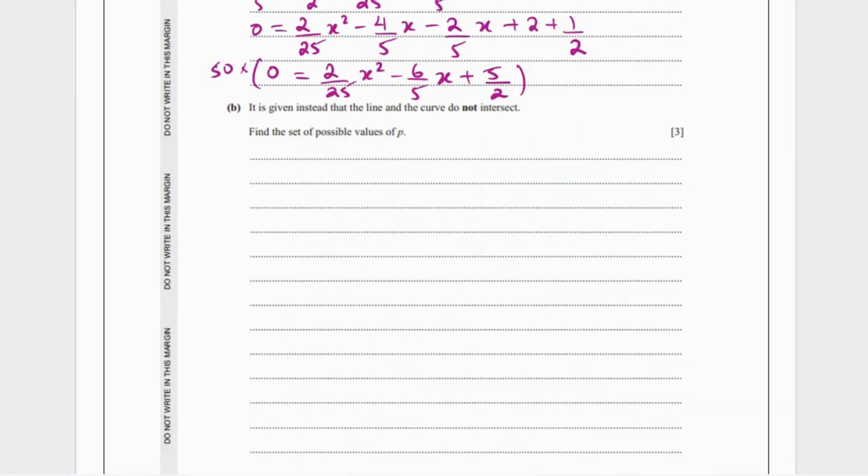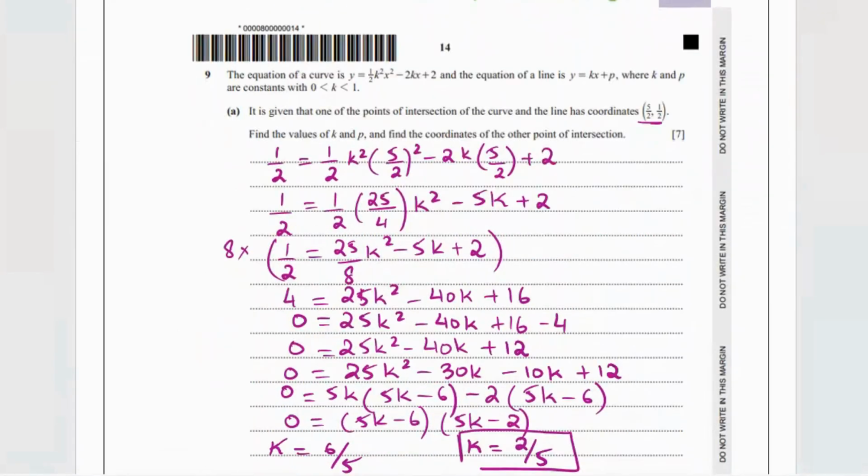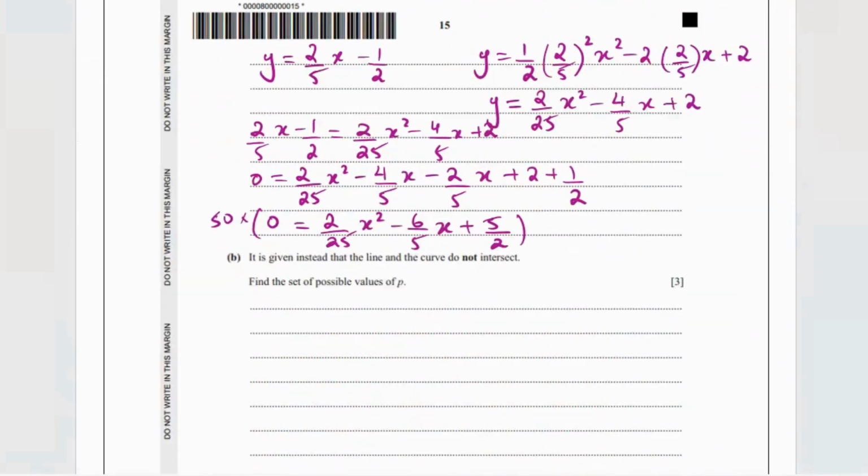Then part B says it is given instead that the line and the curve do not intersect. Find the set of possible values of p. So if they want us to find possible values of p, that means k is the same. So we found k to be 2/5. So y equals 2/5x plus b.